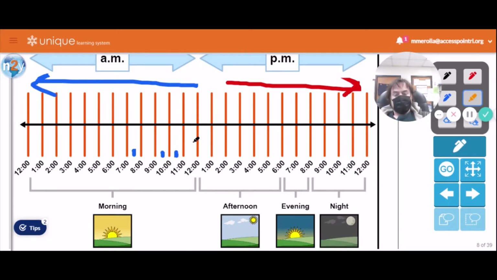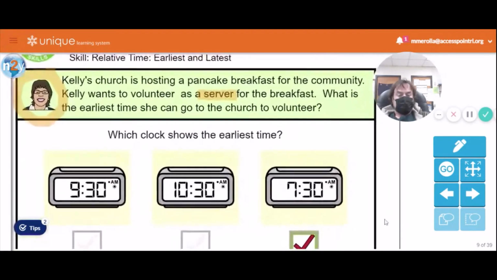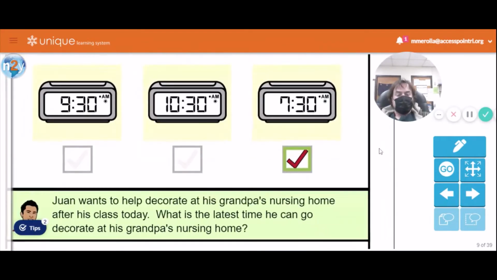We'd go this way. Zoop, zoop, and zoop. So, 7:30 would be the earliest she could go. Yes. This is the earliest time she could go, 7:30 a.m. Let's zoom in and see that. 7:30 a.m. is the earliest time Kelly could go to the pancake breakfast.